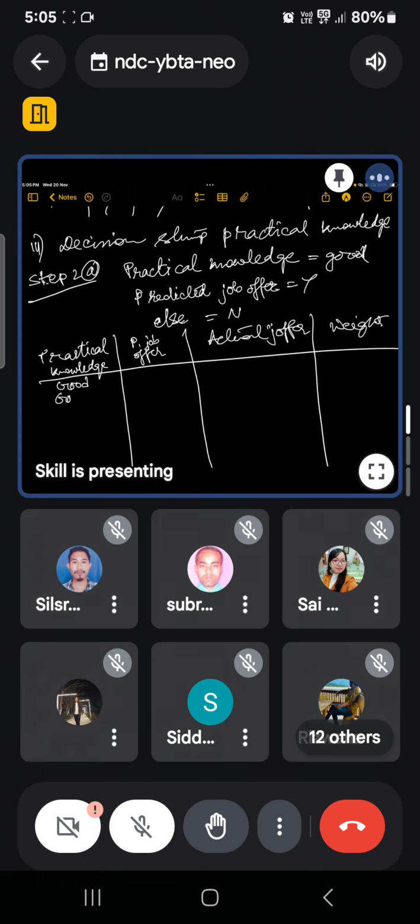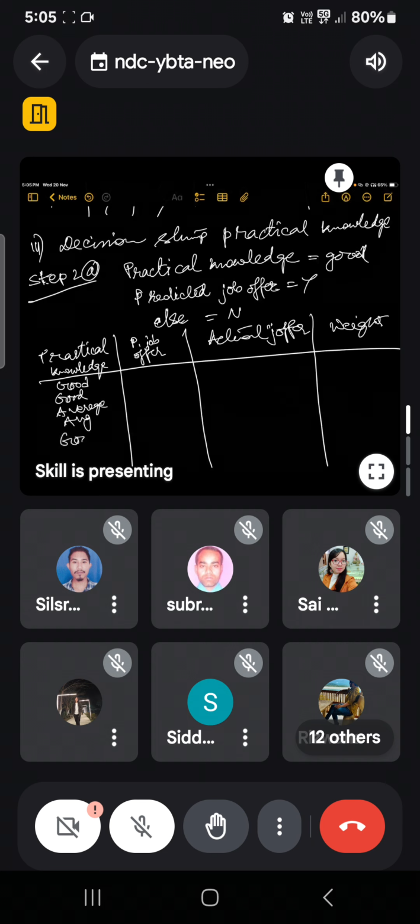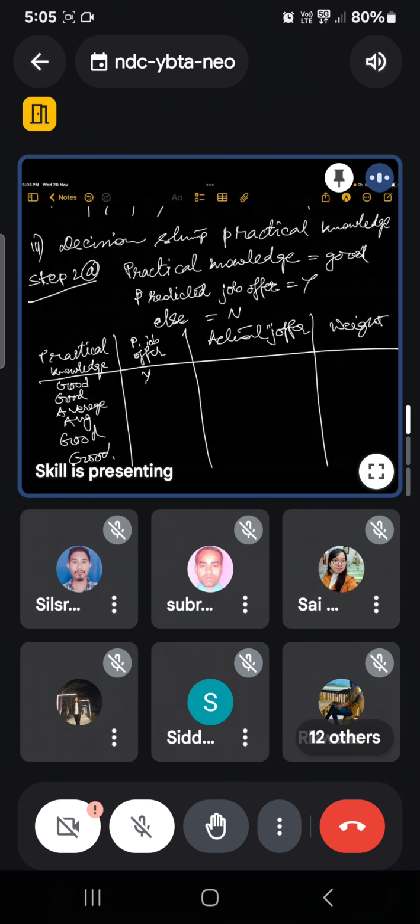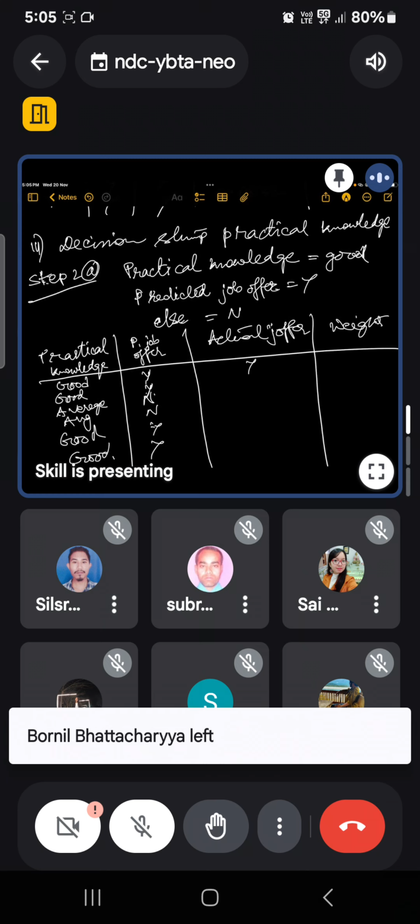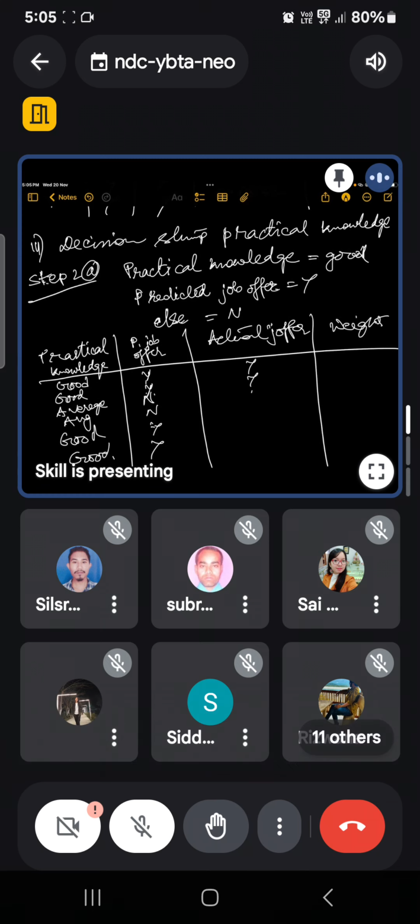It was already given. For good, it is yes. Good, yes. Average will be no. No. Yes, and yes. The actual job offer given to us was yes, yes, no, no, yes, yes. And the weights will be like the previous, from the previous table only.